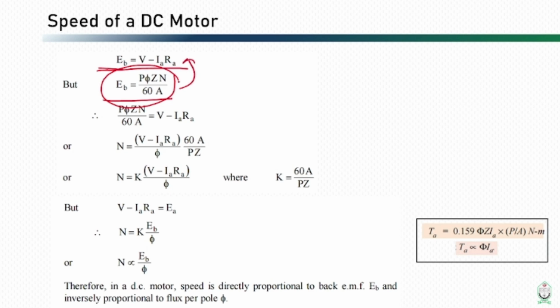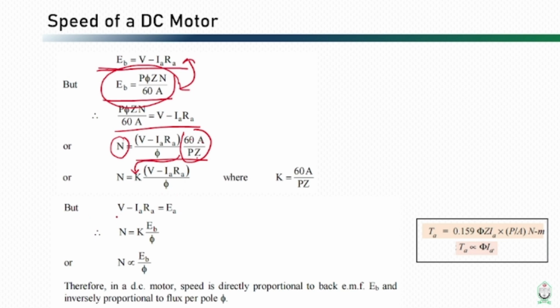If we equate these two equations, we get this, and from here we can rewrite the speed of a DC motor as a function of this. Here 60, A, P, Z are constants, so finally we have N equals constant times V minus I Ra divided by phi.